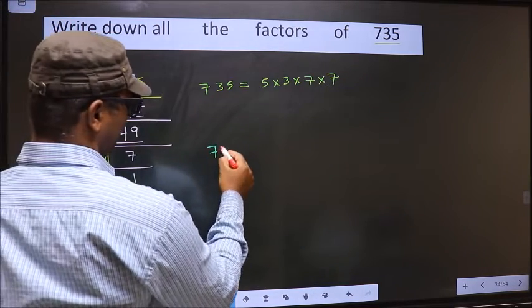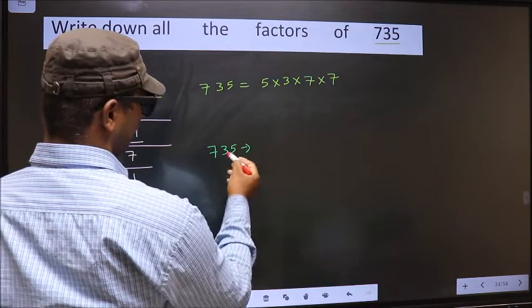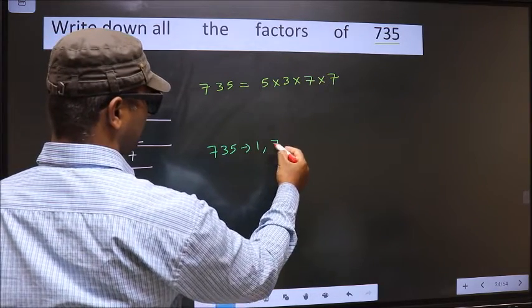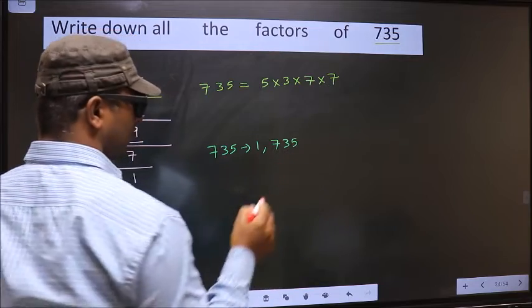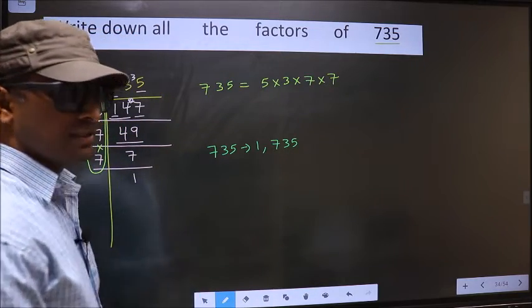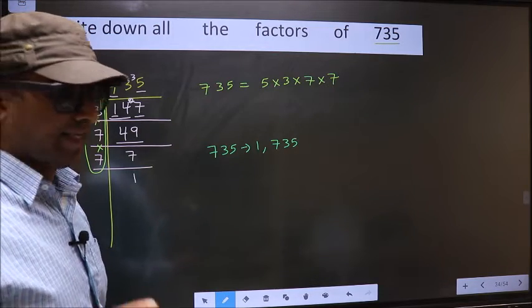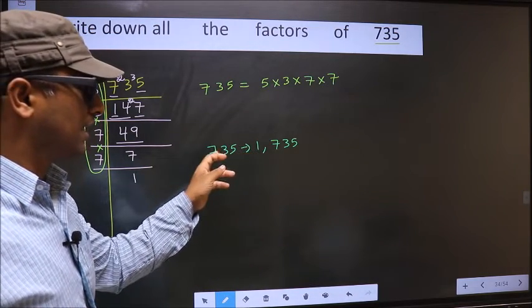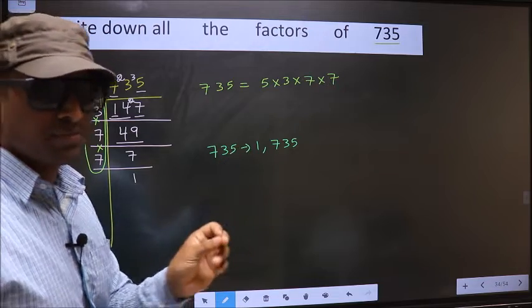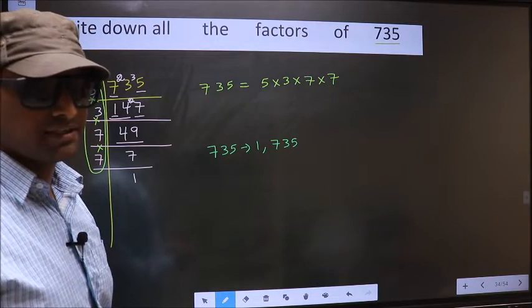Any number you take will definitely include 1 and the number itself in its factors.